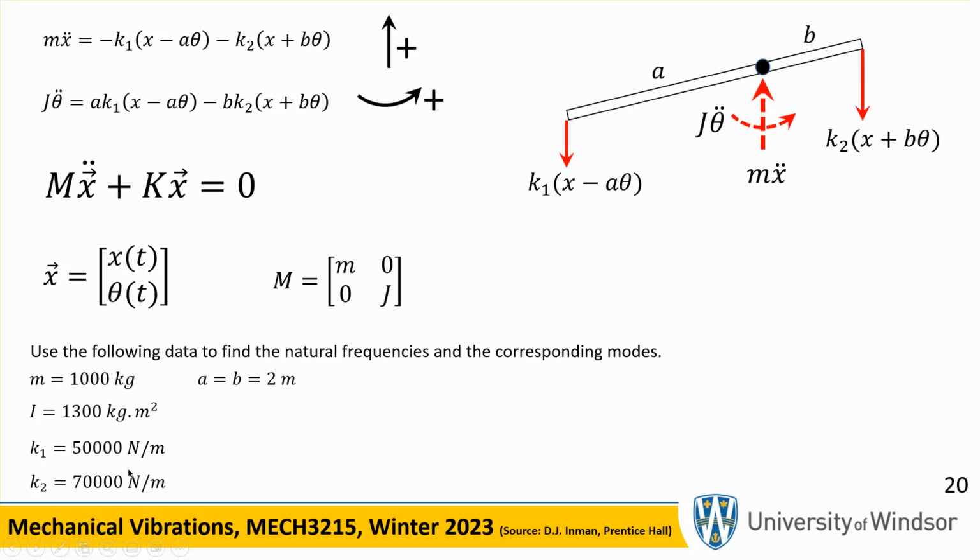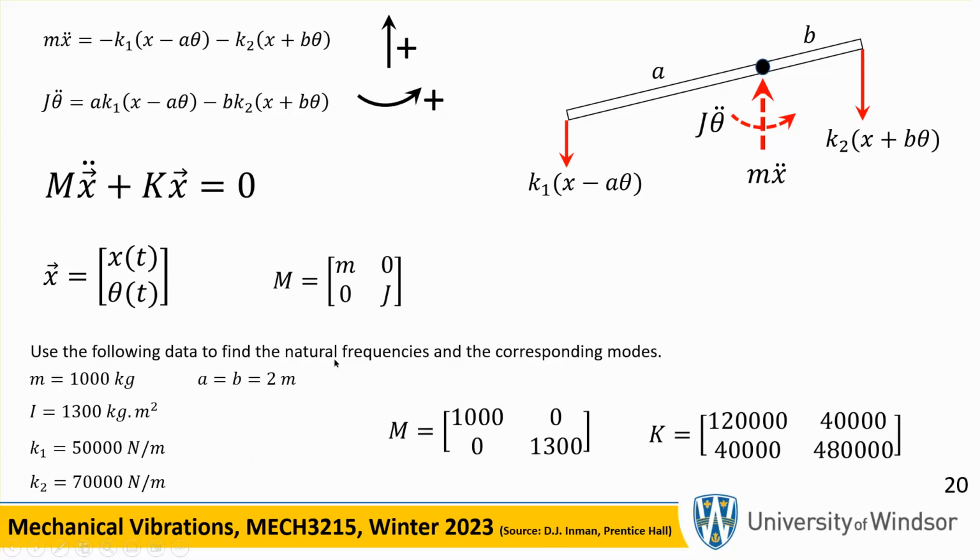For this data, you can just plug in, find the big matrix M, it's right here, and big matrix K, which is right there. I forgot to write your K here. Please, you can add it yourself. This M, just clean this up and write your K here. And I have a feeling it's going to be K1 minus K2.